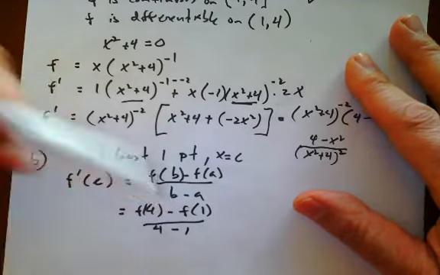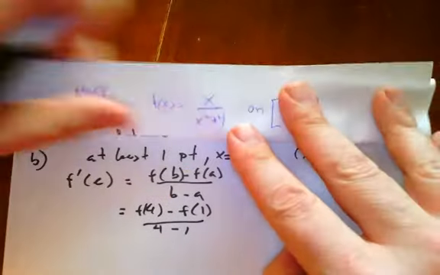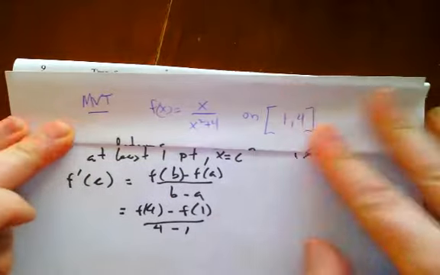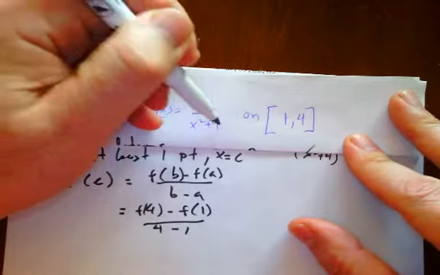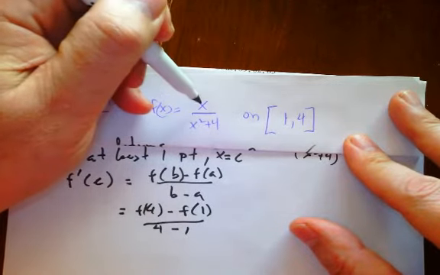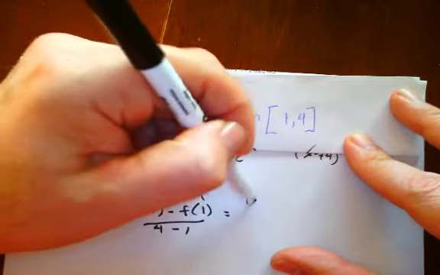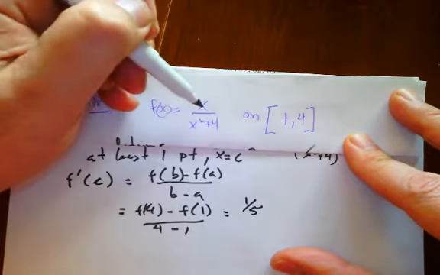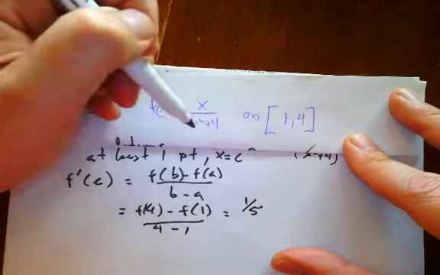So I'm thinking I need to do this part first. I need to find f of 4 minus f of 1 over 4 minus 1. Well, f of 4 requires me to plug a 4 into the original function, and f of 1 requires me to plug a 1 into the original function.